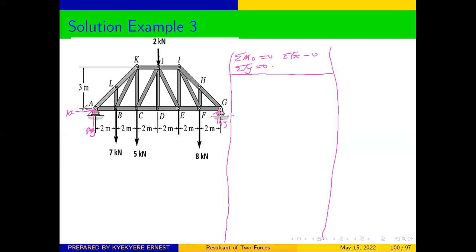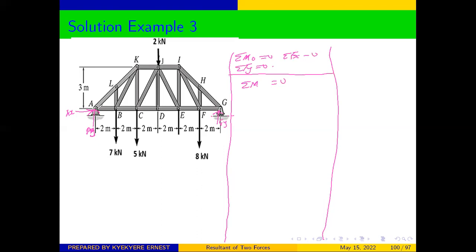However, to use the first equation, we need to take moment at a particular point, and always remember that you take the moment at the point which has most of the unknowns, so that your work will be easier.